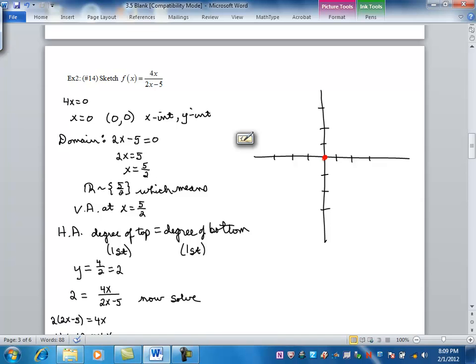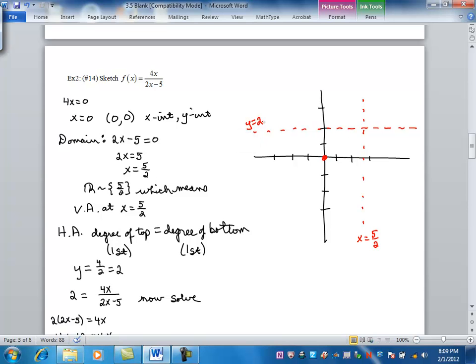The domain is all reals except for 5/2, which we know is 2.5. So we've got a vertical asymptote here at x equals 5/2. And then we said we've got a horizontal asymptote at y equals 2. Alright, so we'll label our asymptotes.